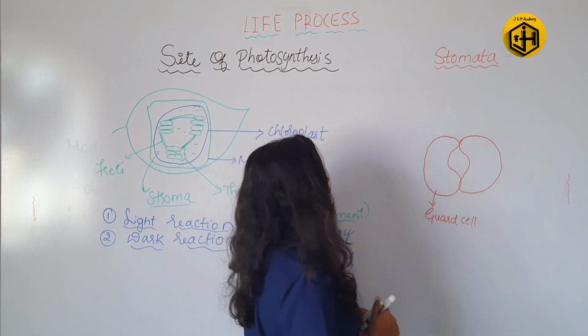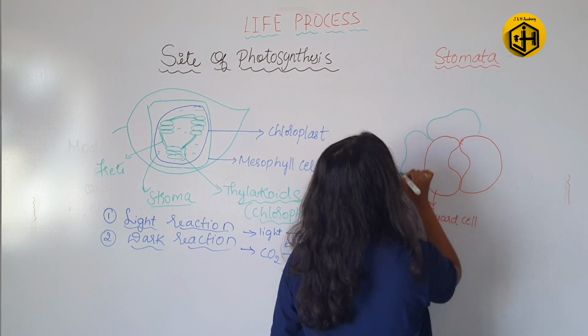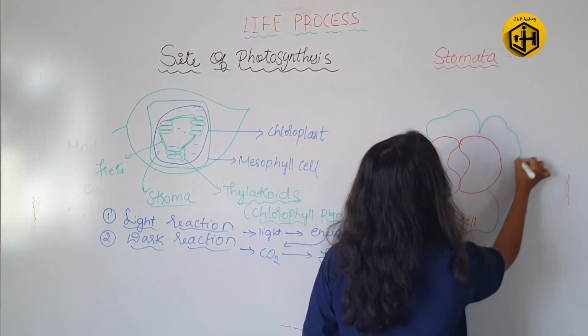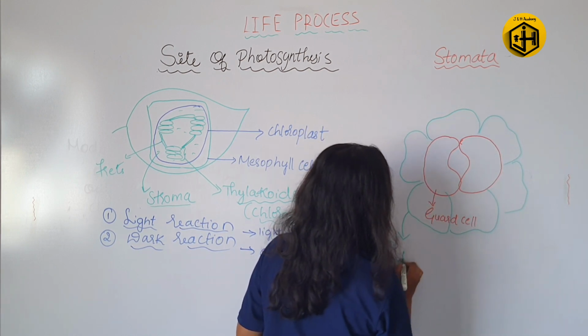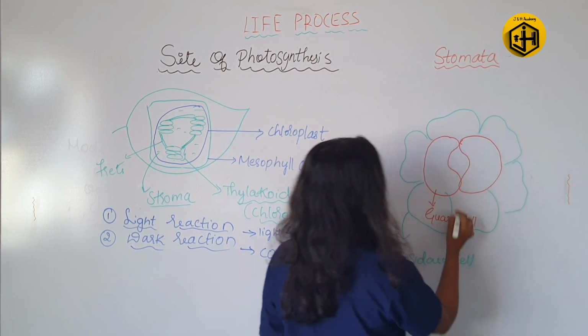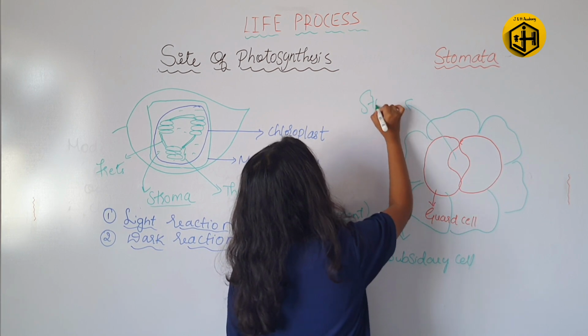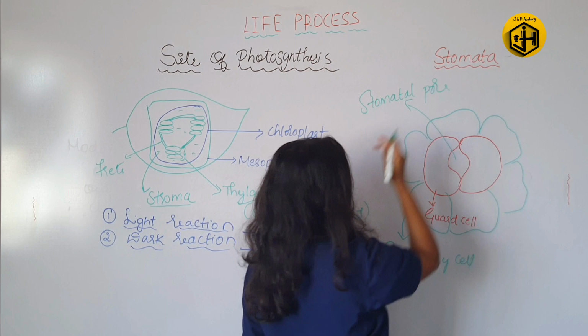So these guard cells are surrounded, like this, by subsidiary cells. In the middle, the opening that is there is called the stomatal pore.